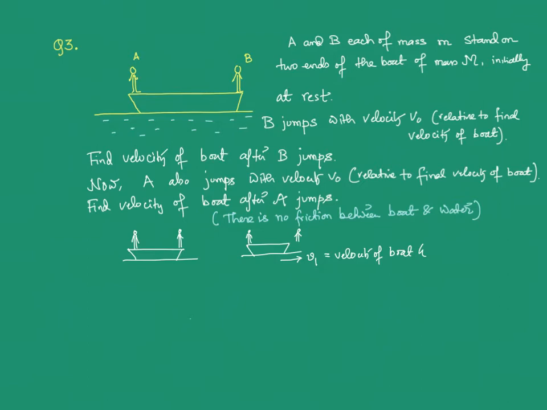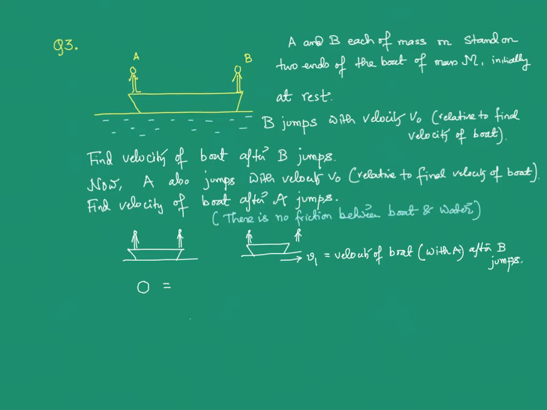So A doesn't get down from the boat, right? With A after B jumps off the boat. So we can conserve momentum here in the horizontal direction. Starting, all are 0, right? Velocity of A, B and the boat were 0.